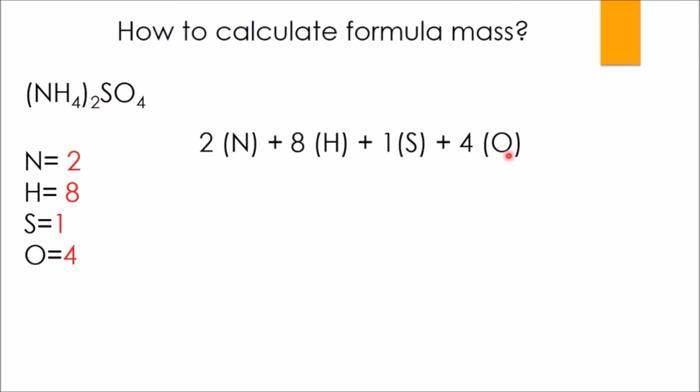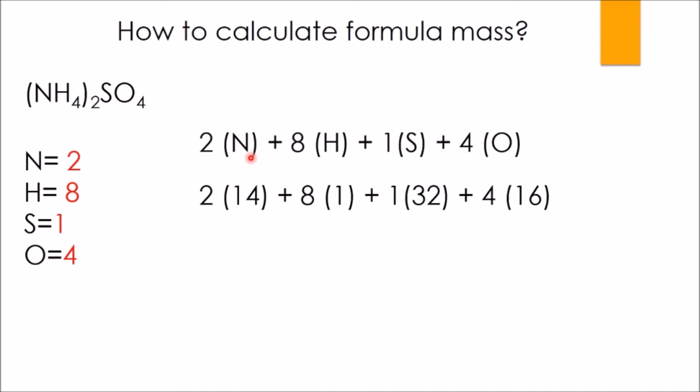According to the number of atoms we have 2 nitrogens added with 8 hydrogens, 1 sulfur and 4 oxygens. We are going to put the masses after that. Nitrogen is 14, hydrogen is 1, sulfur's mass is 32 and oxygen mass is 16. Once we add them together and solve it, we have 132 grams for ammonium sulfate.